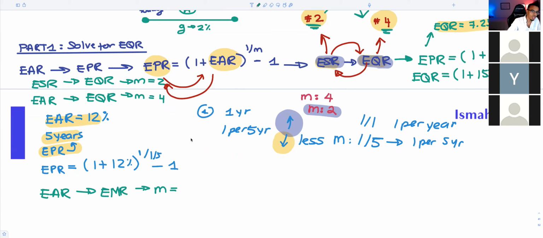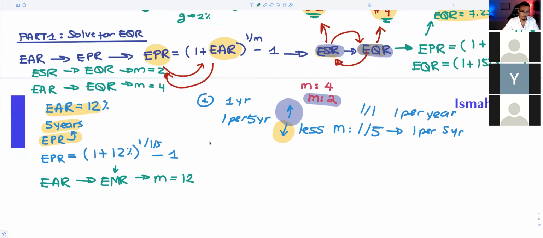What would be our M? Monthly. It's happening every month. It'd be 12. Exactly. Our M would be 12 because we're compounding 12 times per year. Okay. So you always want to look at the difference between the two. What's actually happening? I don't think that they're going to be as crazy as to give you something like that, but that's a really good way to play around with this.